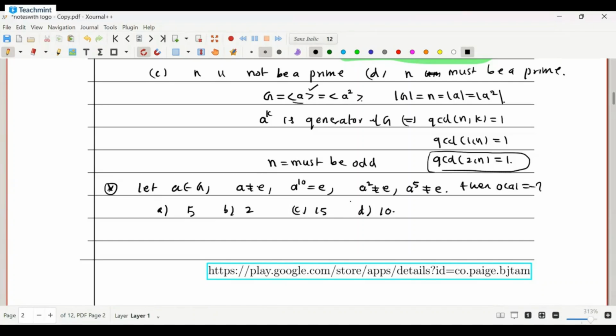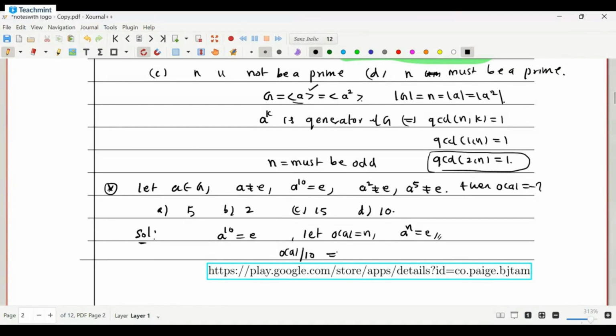What is the answer? It is given that A power 10 is equal to E, sir. Let order of A be some n, which implies A power n is also equal to E. And A power 10 is equal to E, so the order of A divides 10.